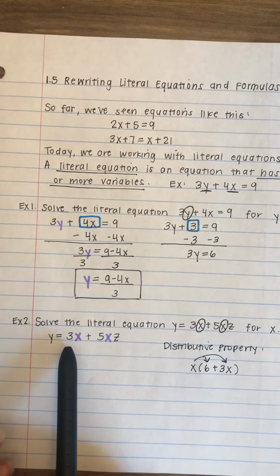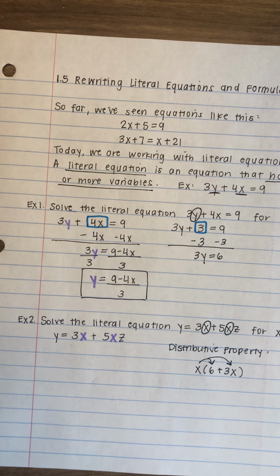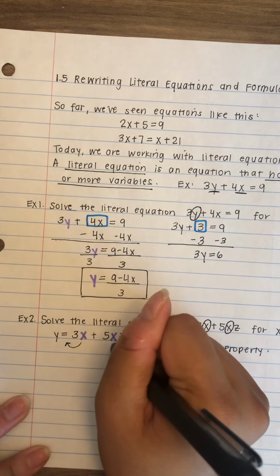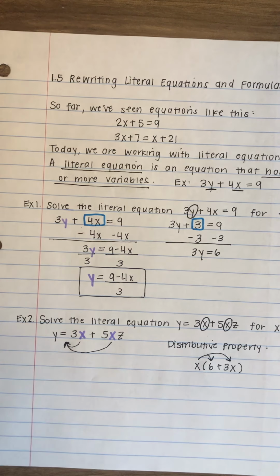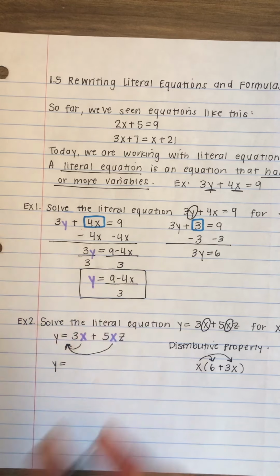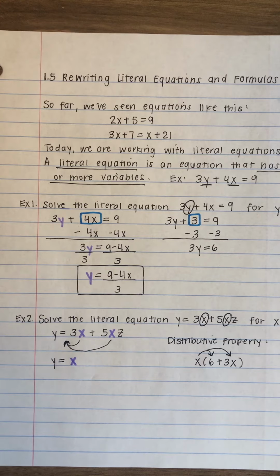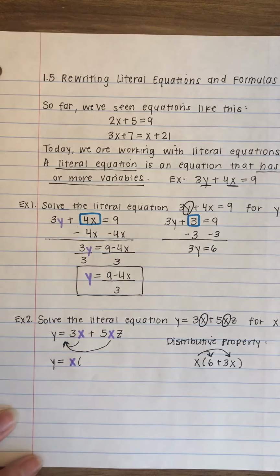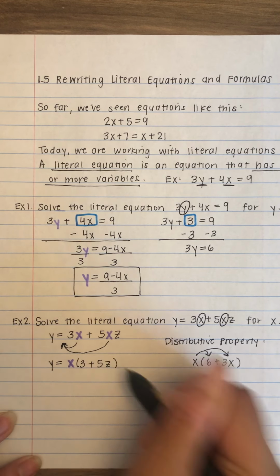Similarly, because both terms share an x, it's almost as if we can take them away from both of them also. So it's kind of like the opposite of distributive property. So I'm going to go ahead and take out these x's from both terms. What that's going to leave me with is the x that I took away from both terms times the terms that I shared the x with. So that would give me a 3 plus 5z.